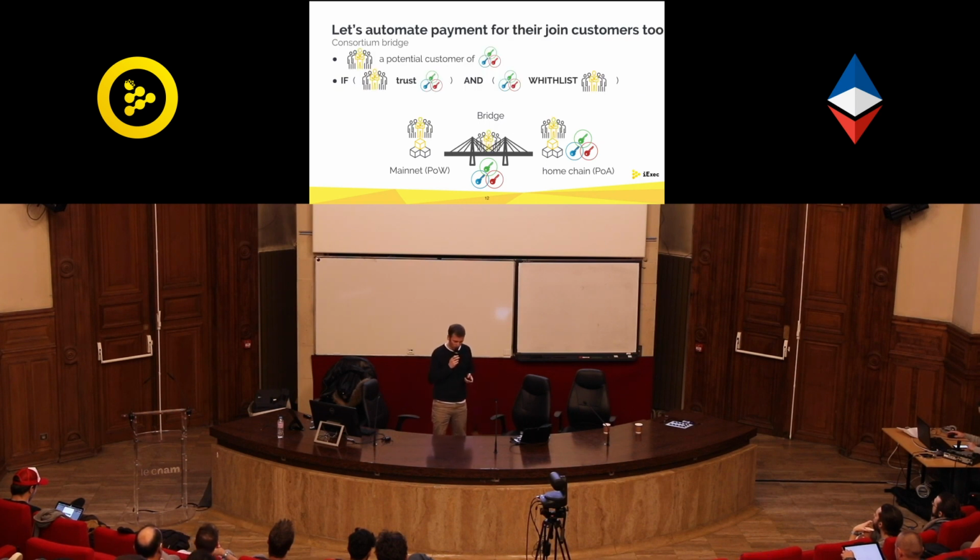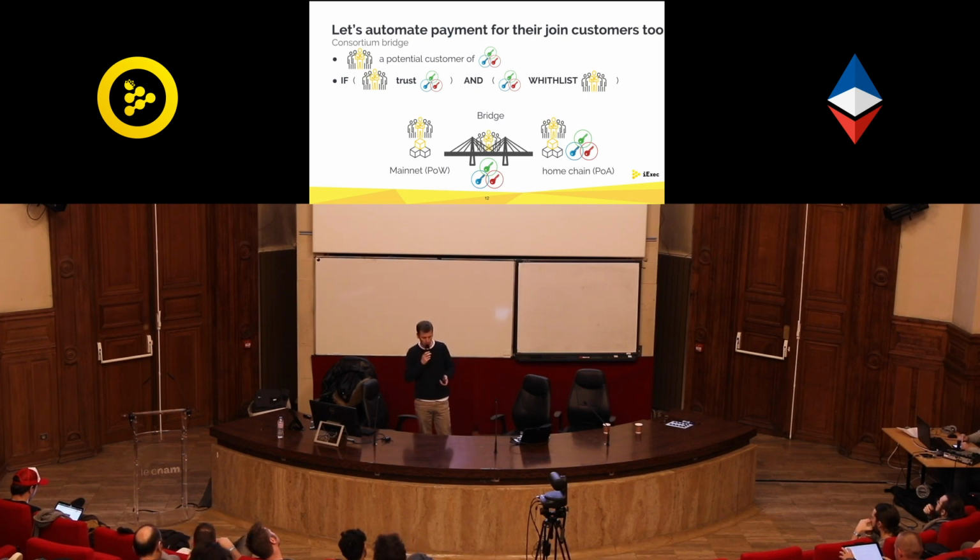And then they can also have joint customers. That means that if this user or customer trusts this authority and the efficiency of the services provided by those companies, and if this authority whitelists the user, the user is able to use this asset in the home chain of the PoA.